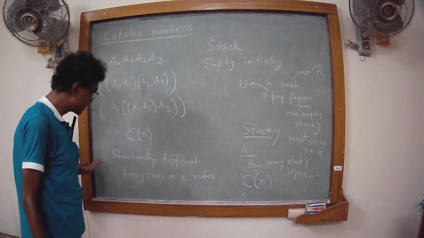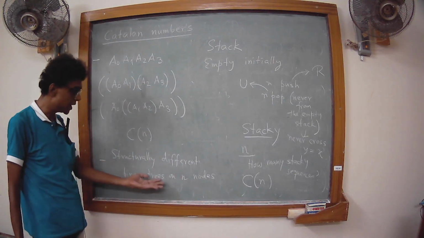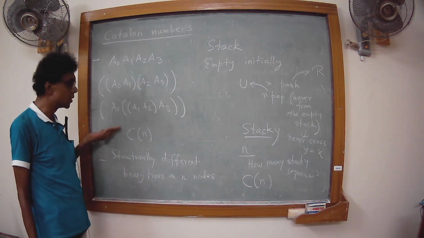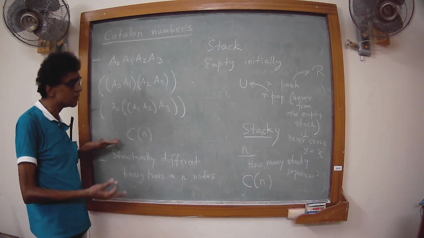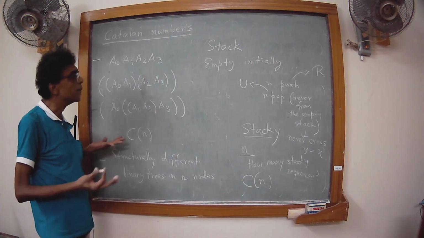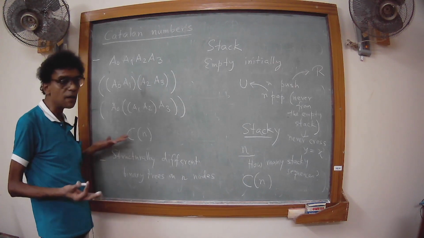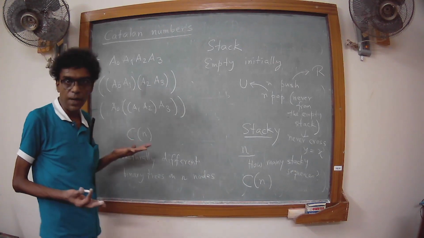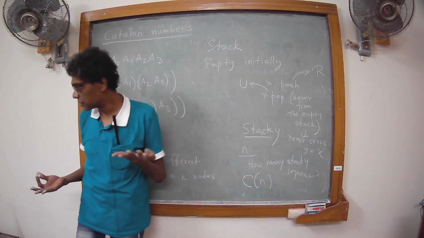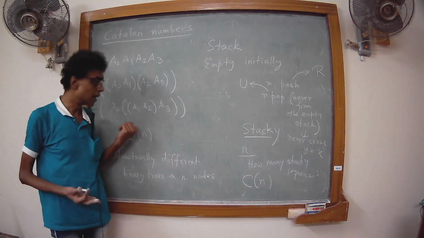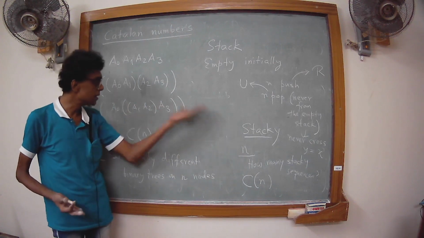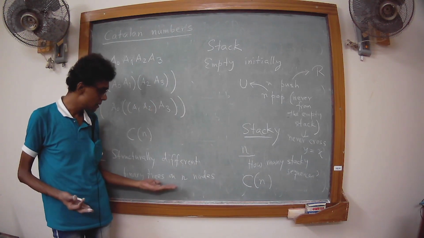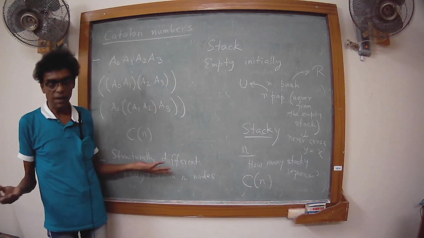How many structurally different binary trees are there on n nodes? This number is also equal to the nth Catalan number. In fact, there are many combinatorial interpretations of Catalan numbers, many of which make enough sense in computer science. So we have seen 3 such things: stacky sequences, parenthesization, and binary tree counts.